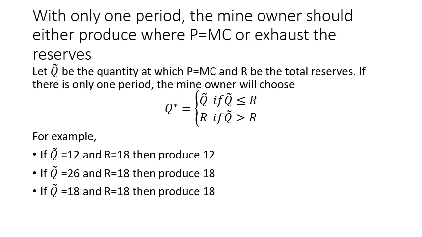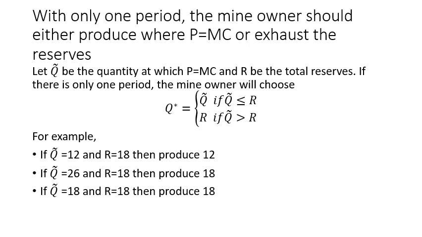And if that point is less than the total stock of the resource, then that's how much the firm is going to produce. On the other hand, if Q tilde is greater than R, and that's what we saw on the previous graph, then the resource owner is going to produce R.